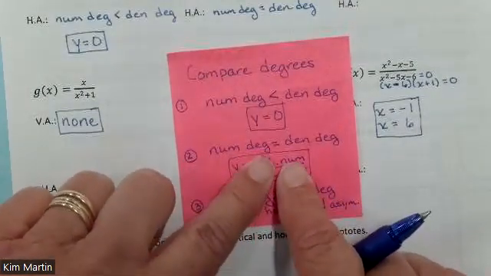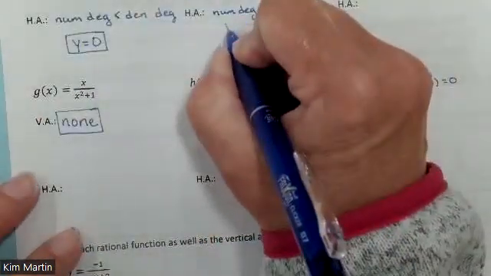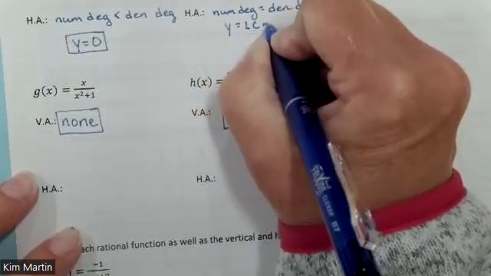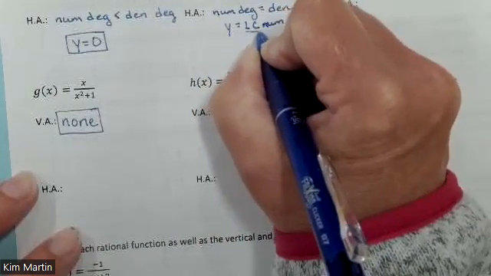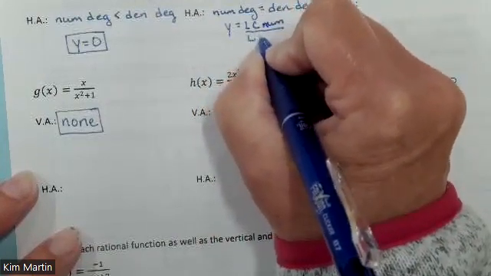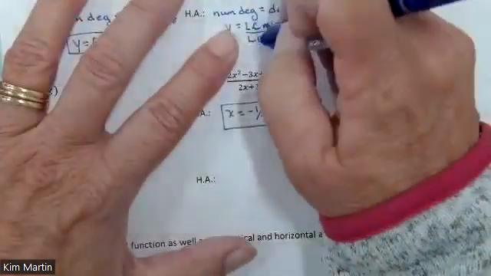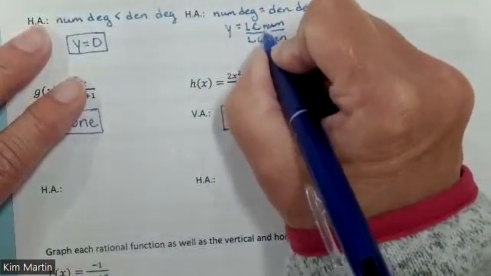So I'm going to take the leading coefficient of my numerator and put it over the leading coefficient of my denominator. Now I might do this just so the more I write it, the more I learn it. Now, you guys have to know what the leading coefficient is, but we've already dealt with that.